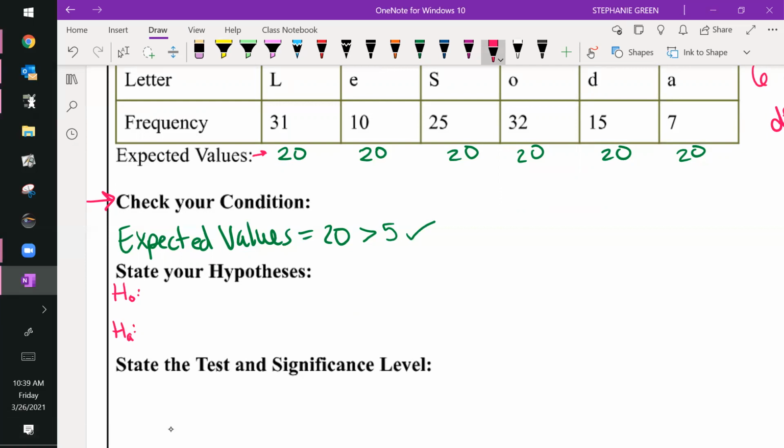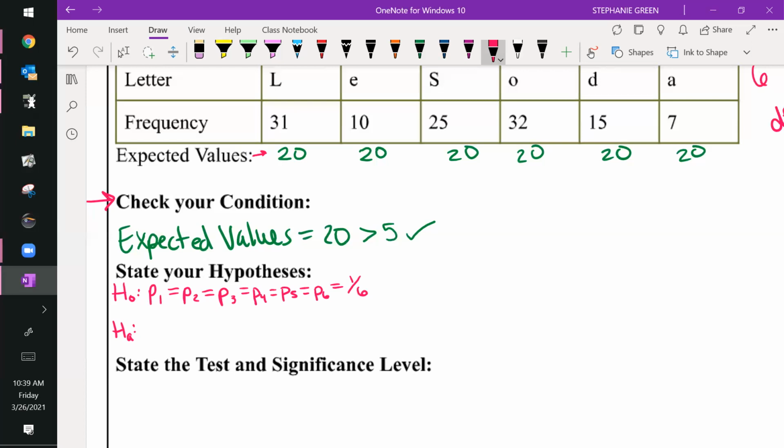So we would say we expect that the probability of our first letter will be the same as the probability of our second letter, which will be the same as the probability of our third letter, and our fourth letter, and our fifth letter, and our sixth letter, and we expect all of those probabilities to be exactly 1/6.